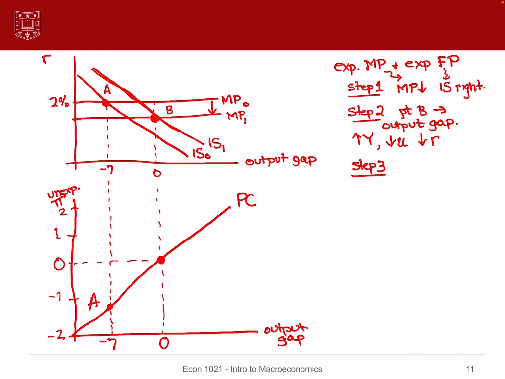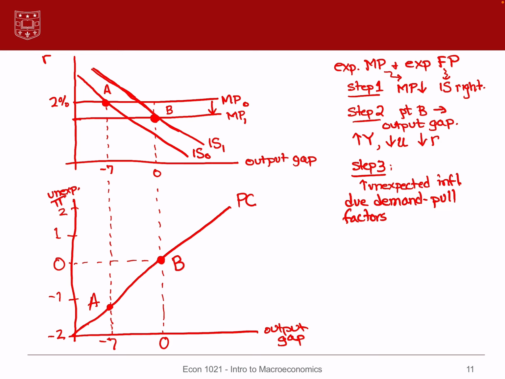So we're moving from point A to point B along the Phillips curve, and we have the same phenomenon that we had before. We see an increase in unexpected inflation due to these demand pull factors of expansionary fiscal policy and monetary policy.